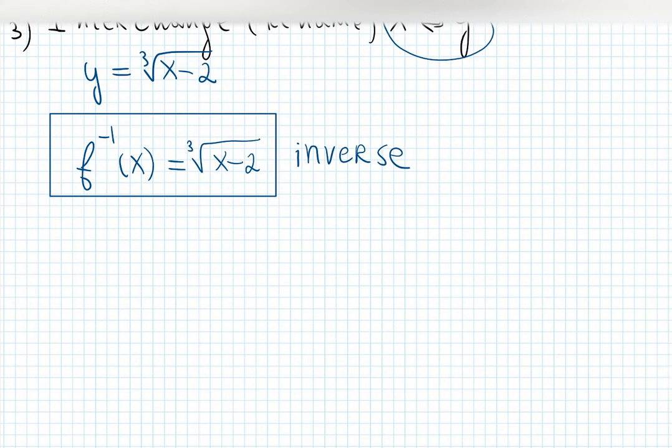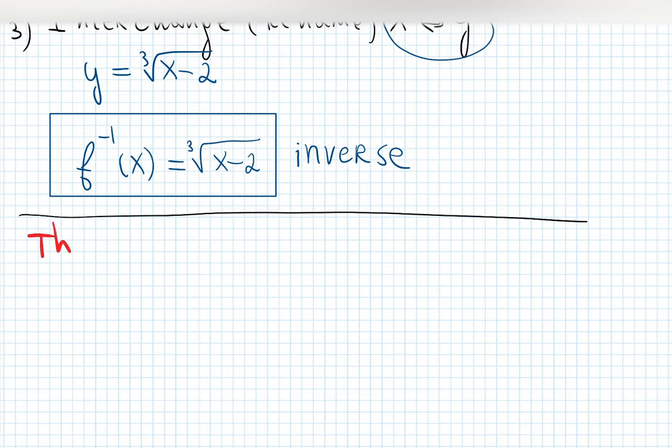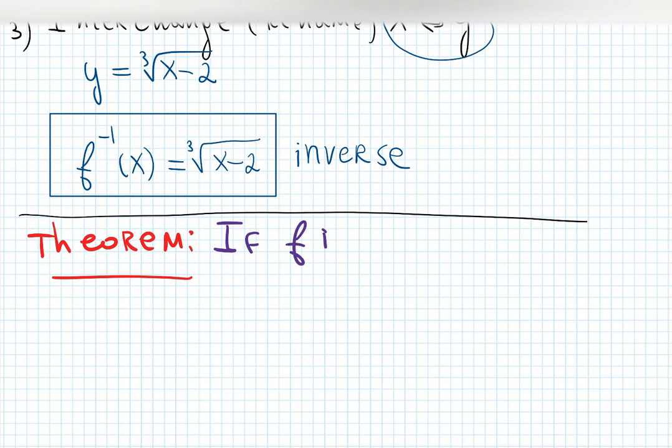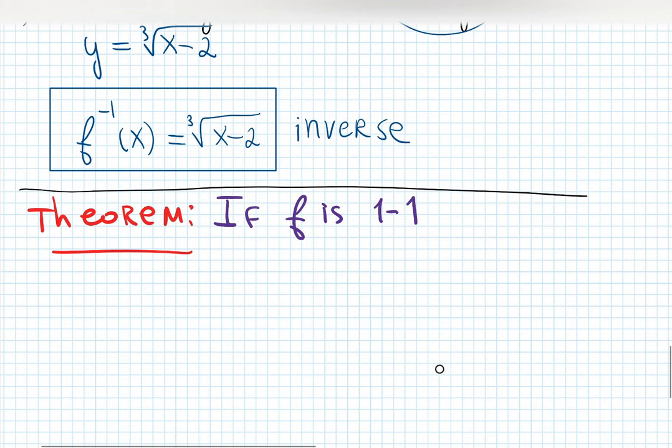What new thing coming is how to find derivative. Theorem tells us that actually there's a shortcut to find a derivative of the inverse function. Theorem says if f is 1 to 1, that means it has inverse function, and has a derivative.